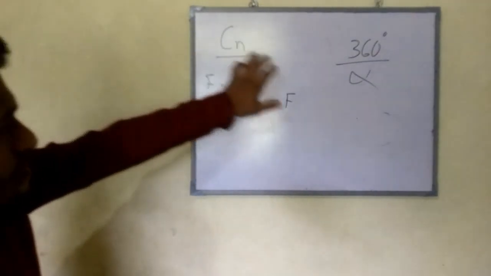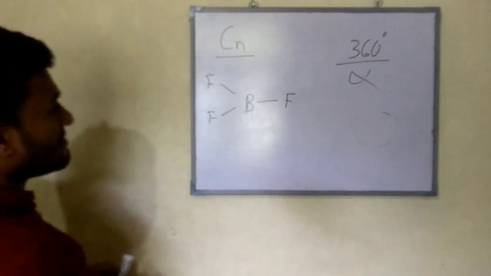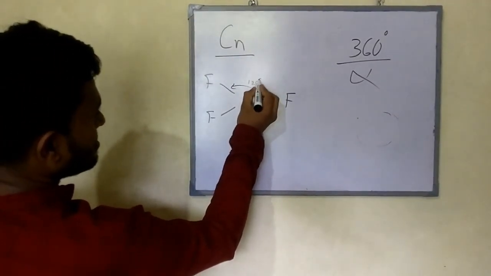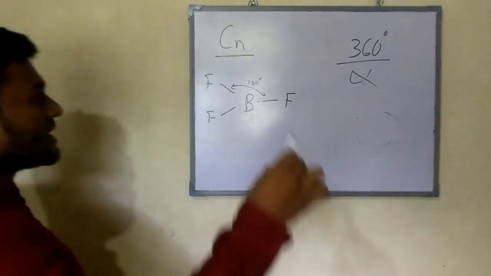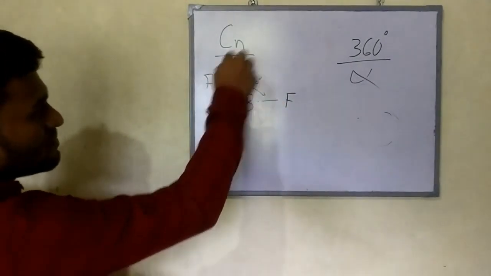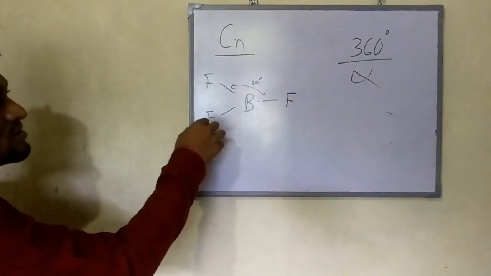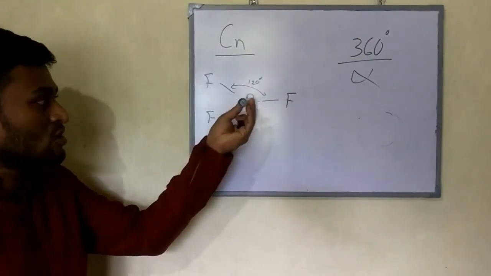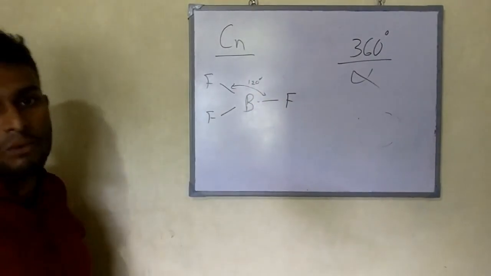You know this BF3 molecule has an angle of 120 degrees. So if you rotate through this axis, this F atom goes here, this F atom goes there. Likewise, you can take an axis through the middle of the boron atom.